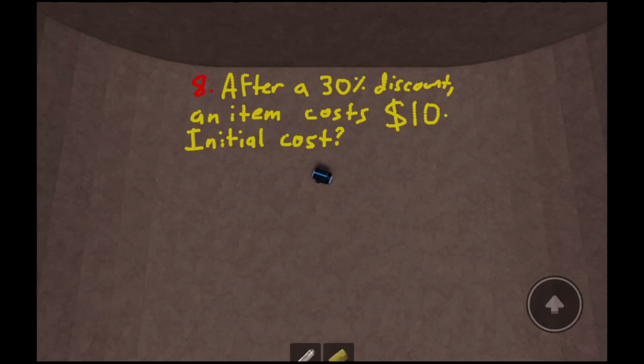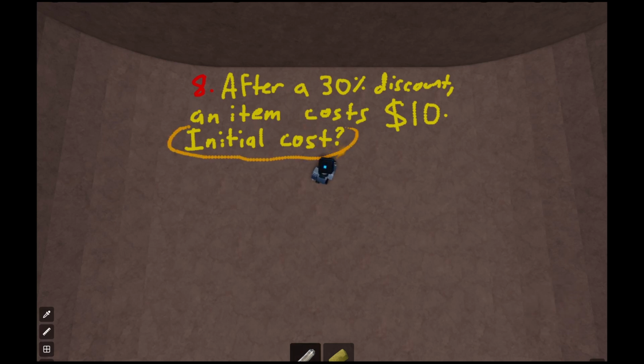In this problem, we have that after a 30% discount, an item costs $10, and we need to find how much this item initially cost. First thing I'm going to do is set the initial cost as a variable. Let's just call it X for now. Now let's deal with the 30% discount. If we have a 30% discount, that's like a 30% decrease in the price.